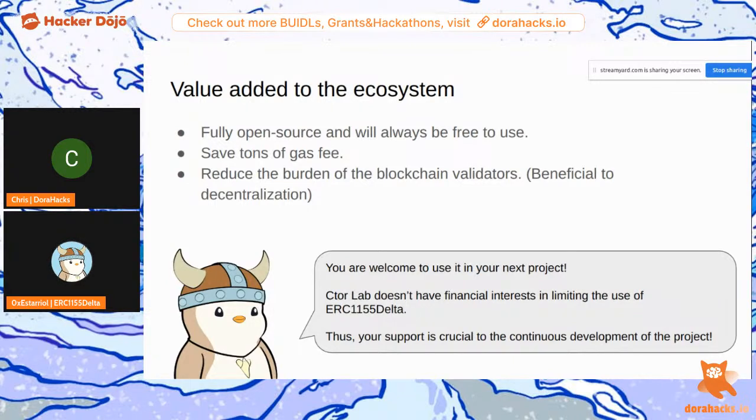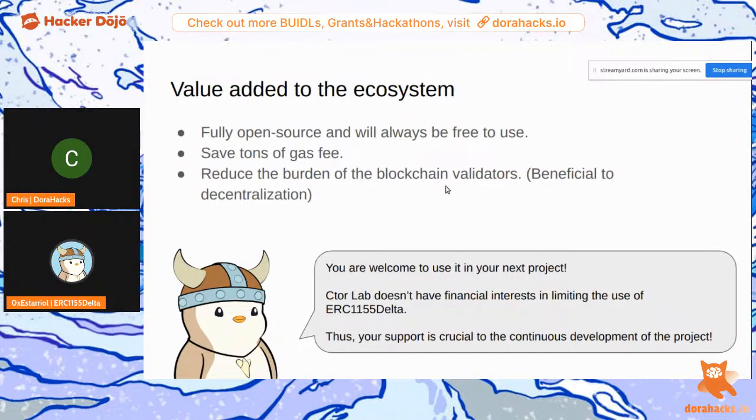Ethereum ecosystem? First, ERC 1155 Delta can not only save users tons of gas fees, even on blockchains that have lower gas fees, it also adds value. Delta uses less storage resource, and thus it has less impact on blockchain validators.